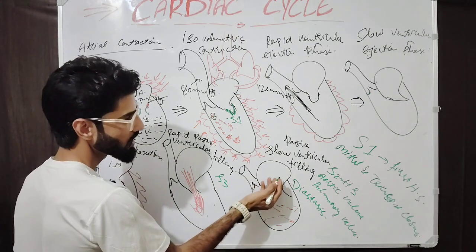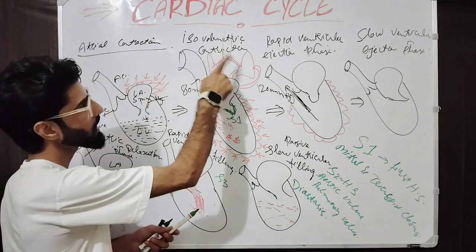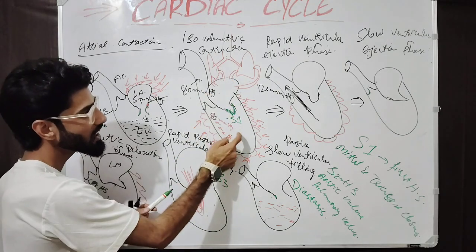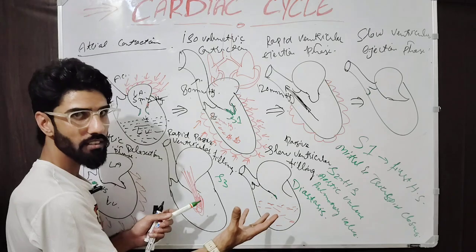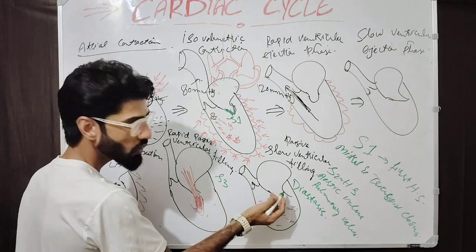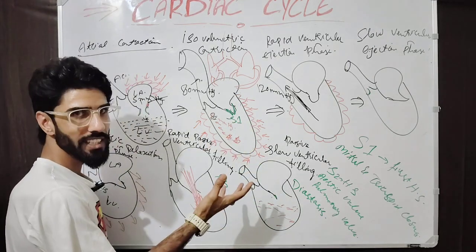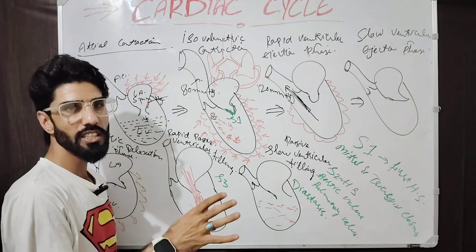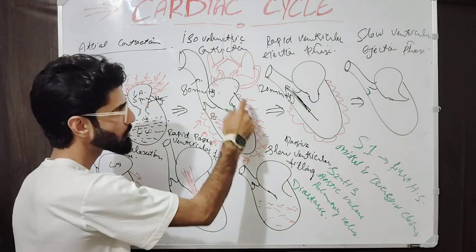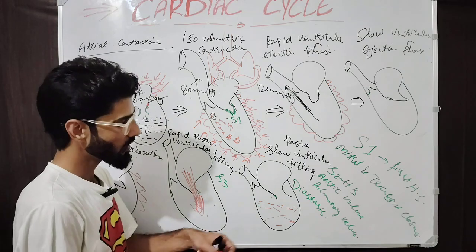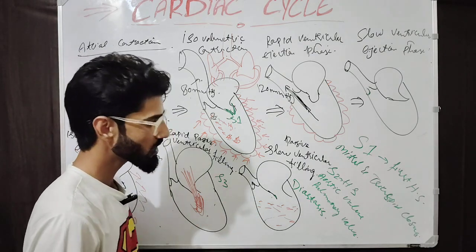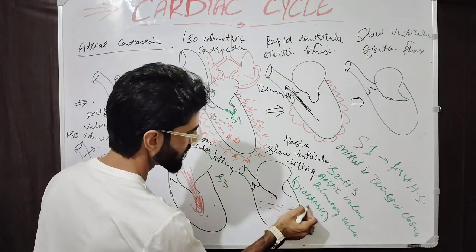Whatever blood the atrium is receiving from the pulmonary system is directly being added to the left ventricle, because the mitral valve is open. So the atrium is just the pathway here. Blood from the pulmonary system is directly being added into the left ventricle. That's why this phase is called the diastasis phase.